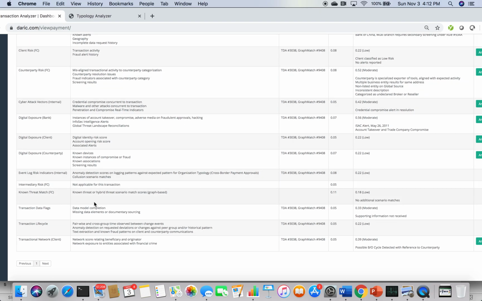Known threat matches, of course, are in fact based upon a complex and proprietary representation of known hybrid threats, interactions between states, corporations, individuals, and other entities in the threat database that allows us to update a real-time global threat profile.